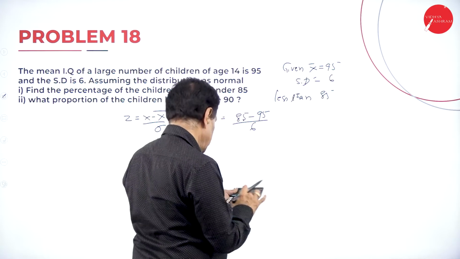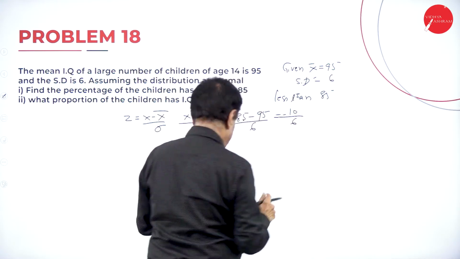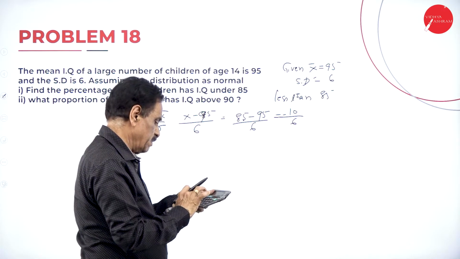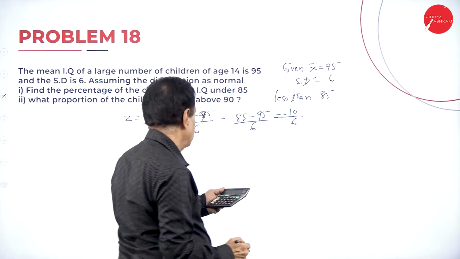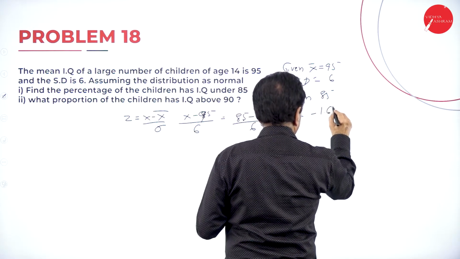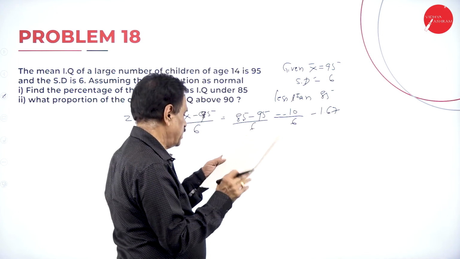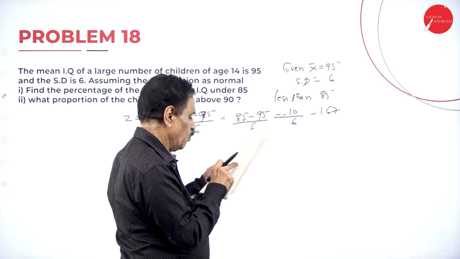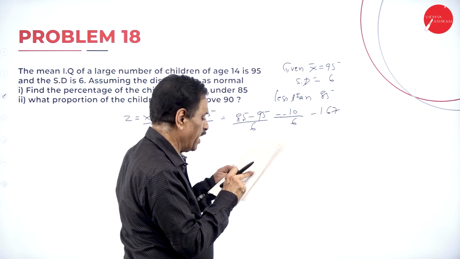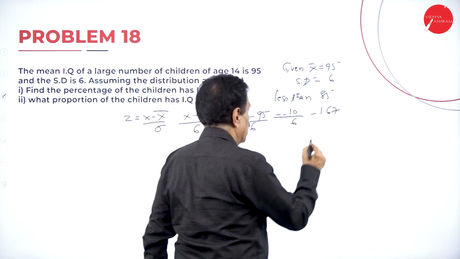That is minus 10 divided by 6, which is minus 1.67. For 1.67 the table value is 0.4525.